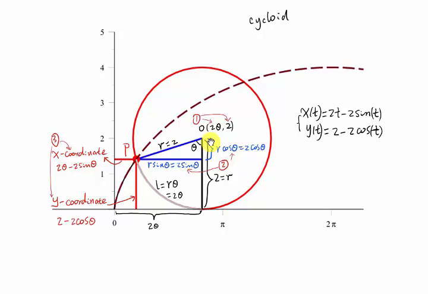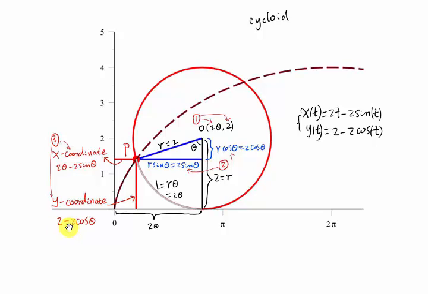All right. Now, the x-coordinate is 2 theta minus 2 sine theta. Sometimes we replace this theta by t. So it will be 2t minus 2 sine t. That's the x coordinate of this P. And the y coordinate is this part. Again, we replace theta with t.